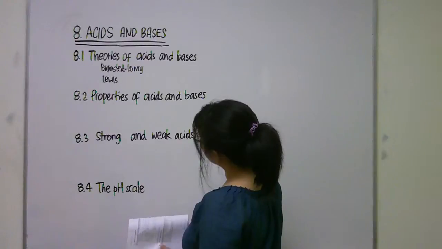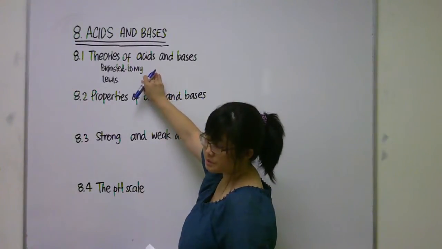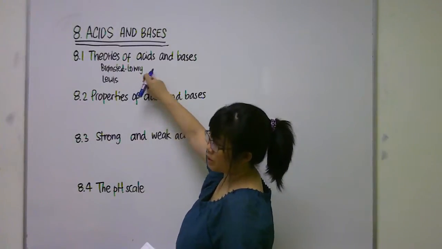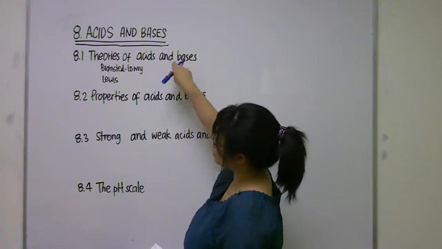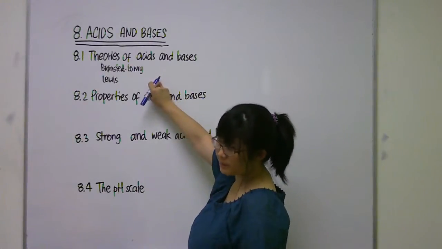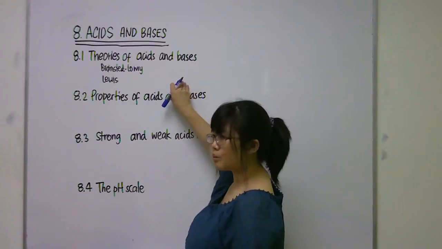So for Bronsted-Lowry, an acid is a species that donates a proton, while a base is a species that accepts a proton. A Lewis acid is a species that accepts a lone pair of electrons, and a base is the one that donates a lone pair of electrons.